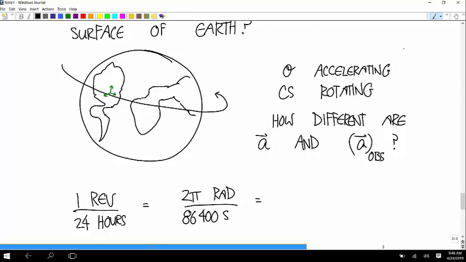Can someone tell me what that number is in scientific notation? 8.64 times 10 to the what? Minus fourth?